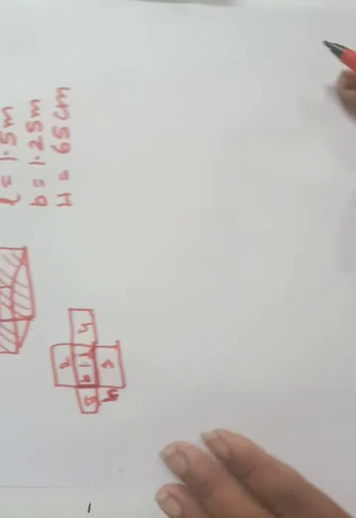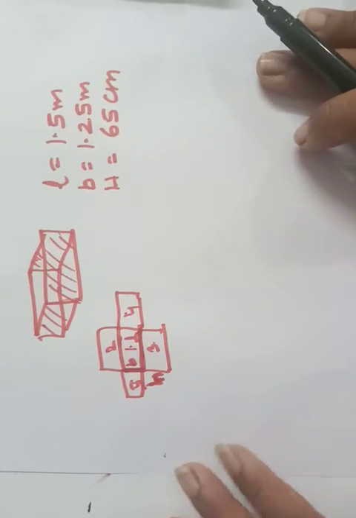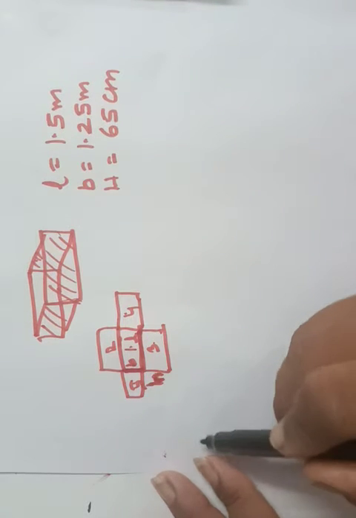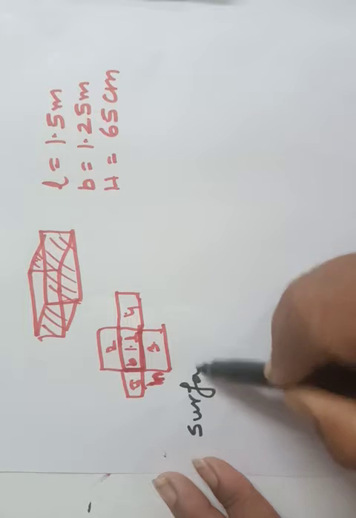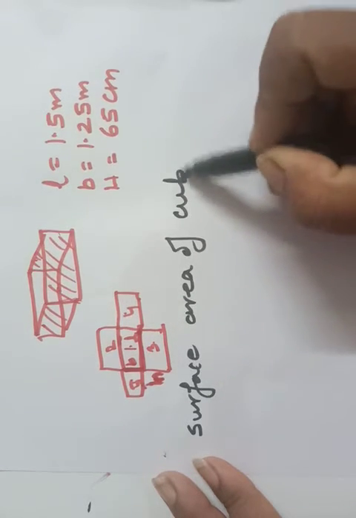Now let's write the formula for the total surface area of the cuboid, because you can see your pencil box, your tiffin box, your shoe box, all are of the cuboid shape. What is the surface area of cuboid?